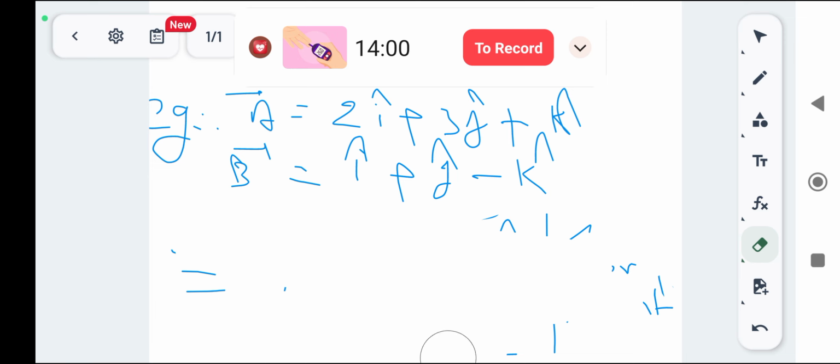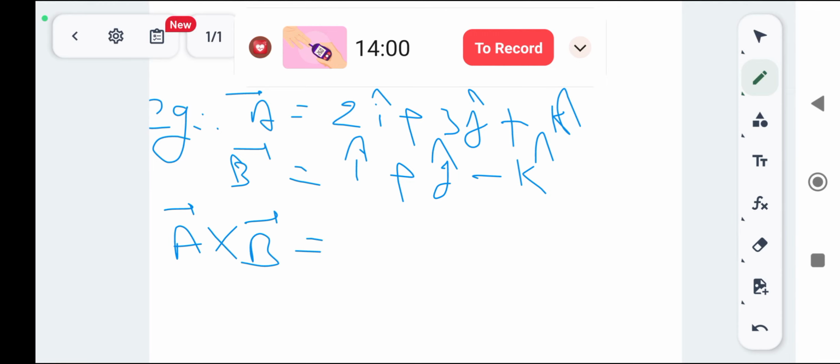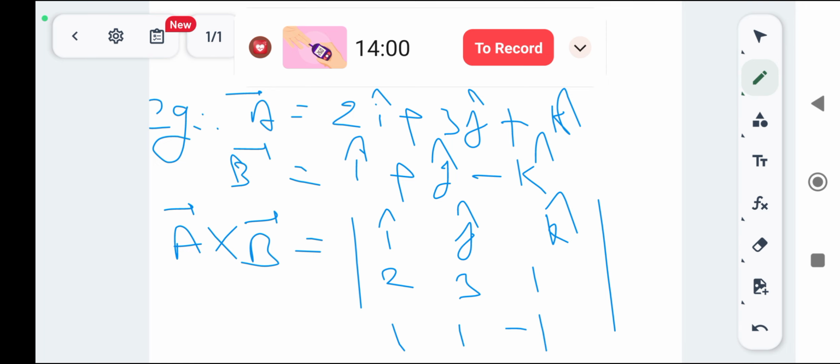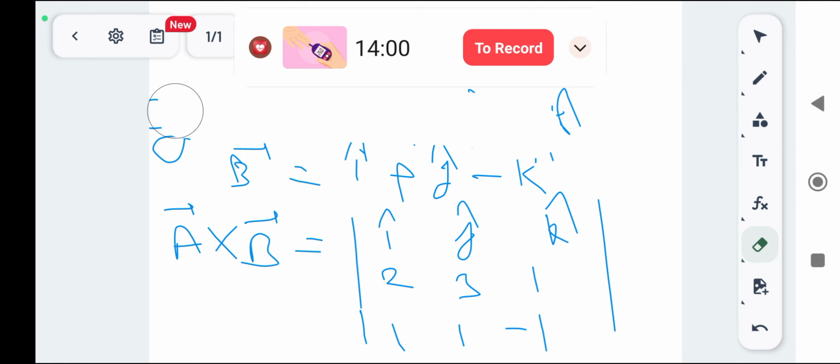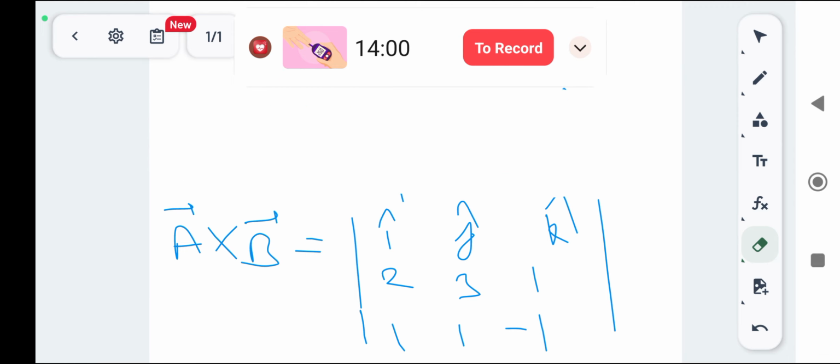Then A cross B vector is equal to the determinant with rows i, j, k; 2, 3, 1; 1, 1, minus 1. The signs are plus, minus, plus.